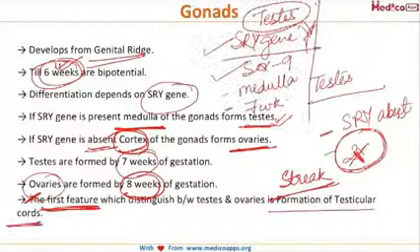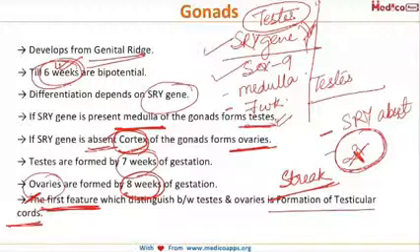Now we'll revise this entire thing in one sentence. Till 6 weeks of gestation, these gonads are bipotential. Now, if the Y chromosome is present along with its SRY gene and the SOX9 gene, then at 7 weeks of gestation, the medulla of these gonads, they develop into testis.